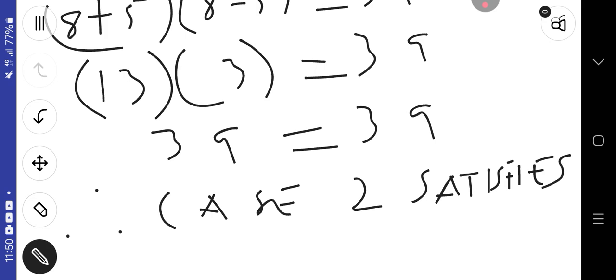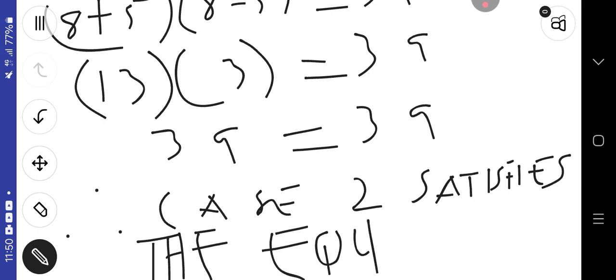So we say therefore case 2 satisfies the equation.